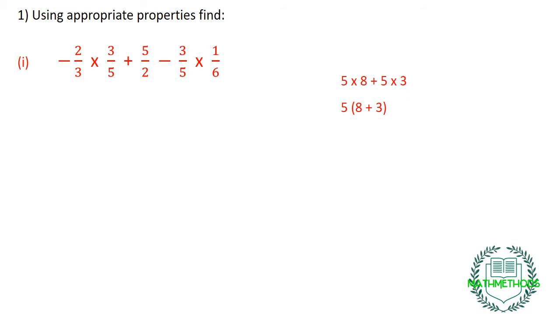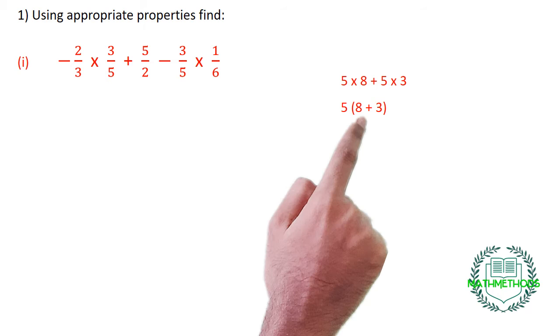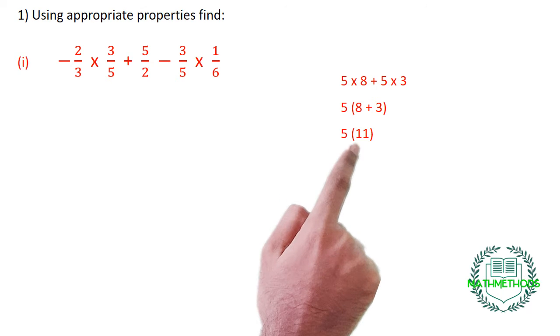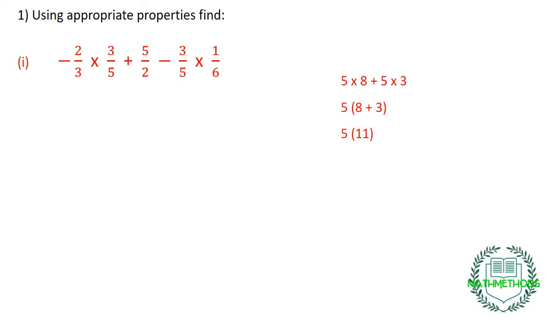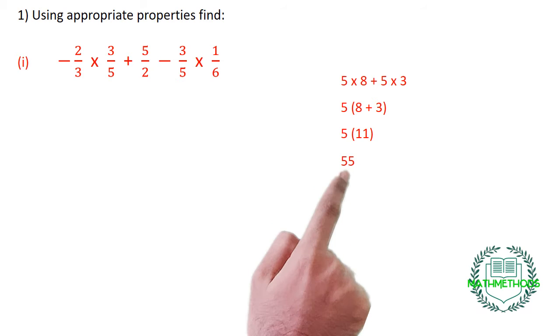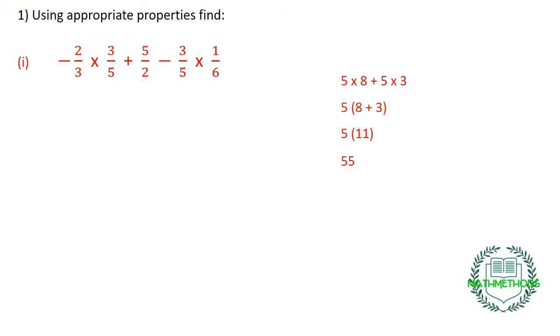Now as per the rule, first solve inside the bracket and we get 5 multiplied by 11, and 5 multiplied by 11 is 55. What we used here is the distributivity property of multiplication over addition. By using the same property, we'll solve this example.